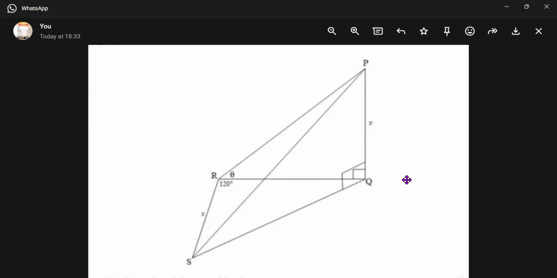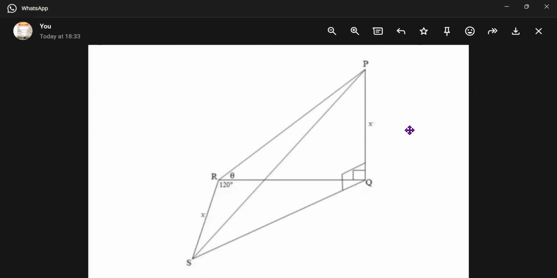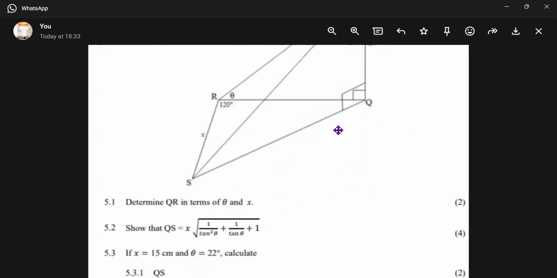Is there someone who can tell us what that trigonometric ratio is? Tan theta. Yes, tangent. Thank you so much for that. So that's what we should be using in order to find RQ.